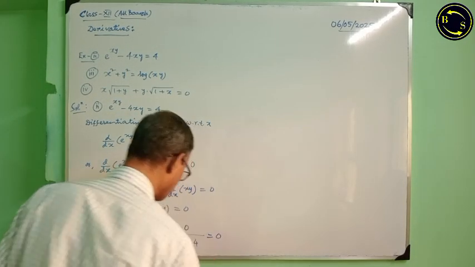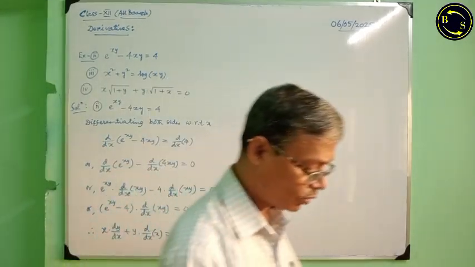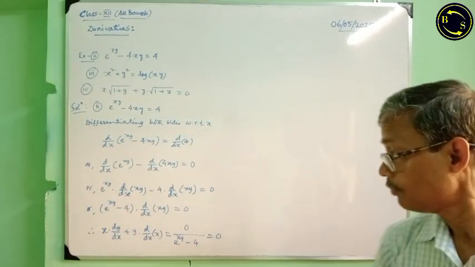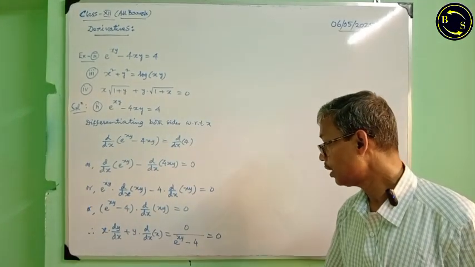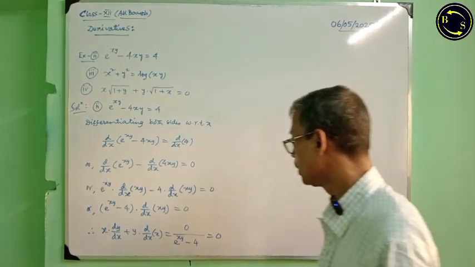That is equal to 0. Since e to the power xy never equals 4, therefore this step.